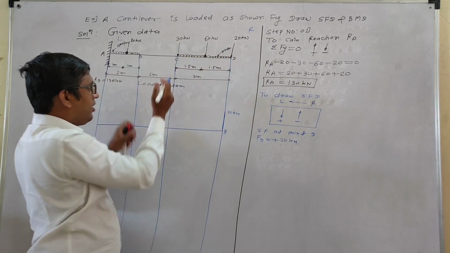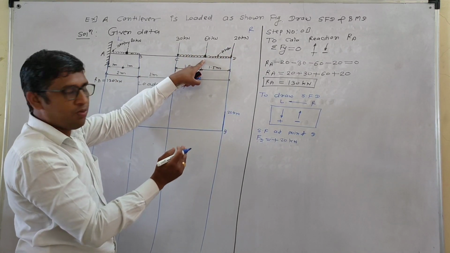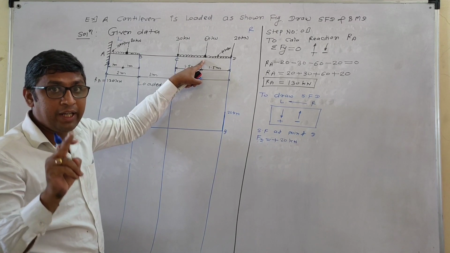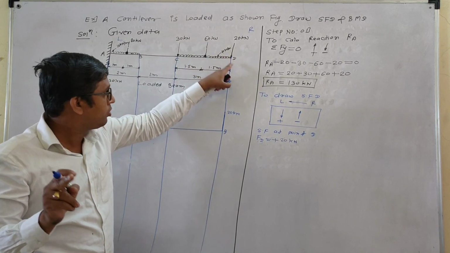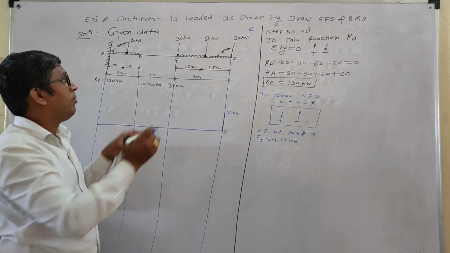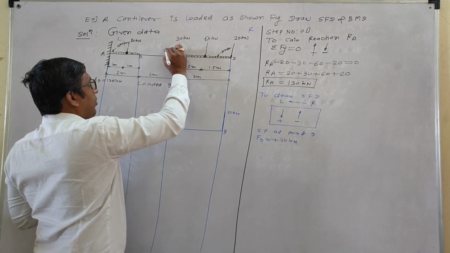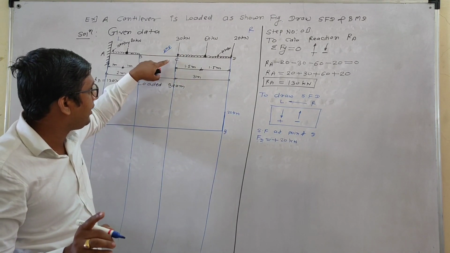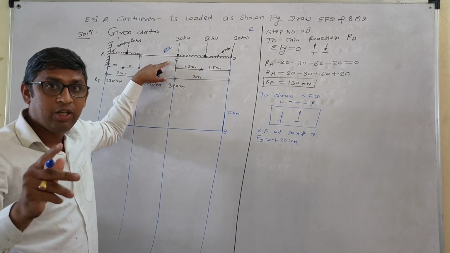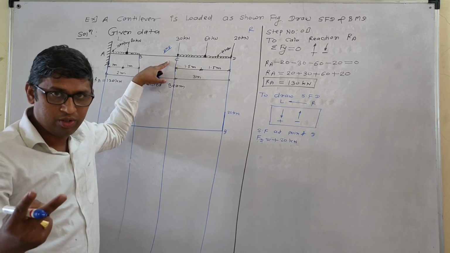The next point is C. Don't consider this point; I am not writing any values at the 60 kilonewton load. The next point is C. But remember, this is very important. Listen carefully. At point C, there are two shear forces.